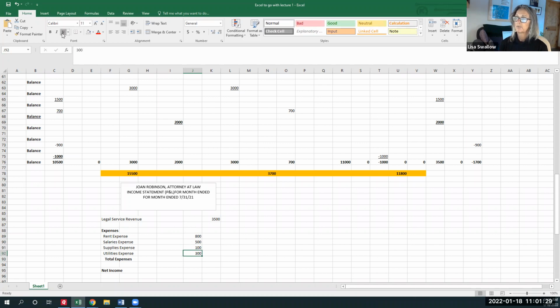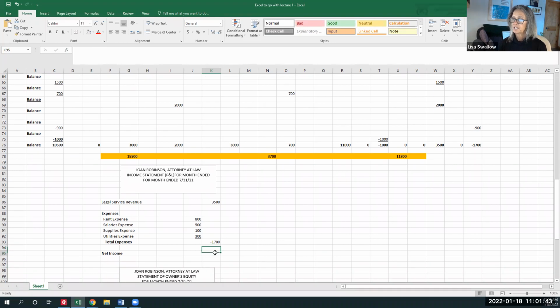So to total up my expenses, I know the total of these four numbers is going to be 1,700, right? And that gives me net income of revenue minus expenses, $1,800.